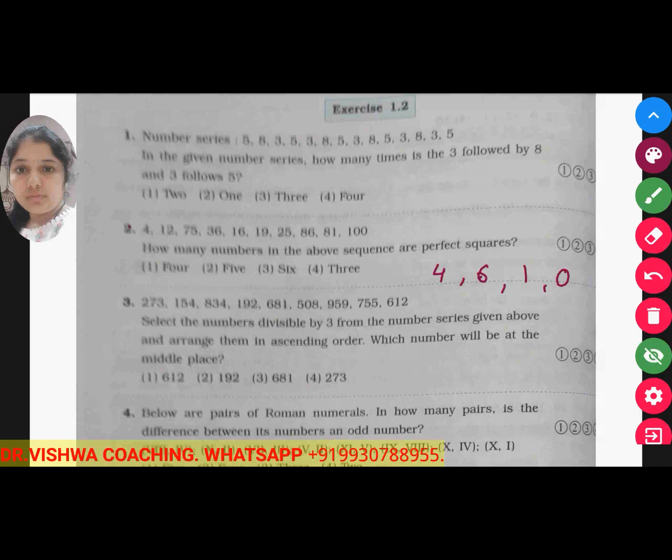So you can check here 4, 36, 16 and also 5, so 25, 81 and 100. They are the perfect squares.